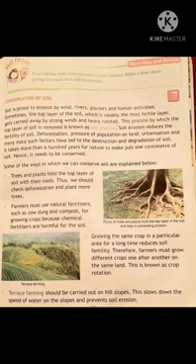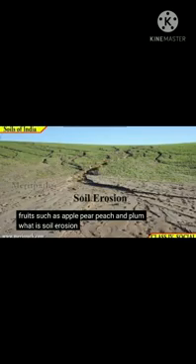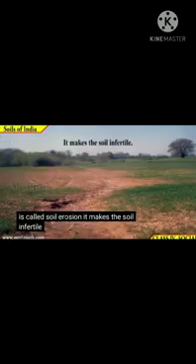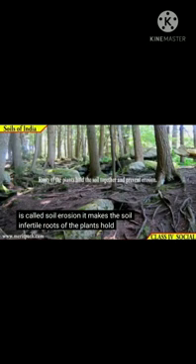Sometimes the top layer of the soil, which is usually the most fertile layer, gets carried away by strong wind and heavy rainfall. That most fertile layer goes away by wind and heavy rain.